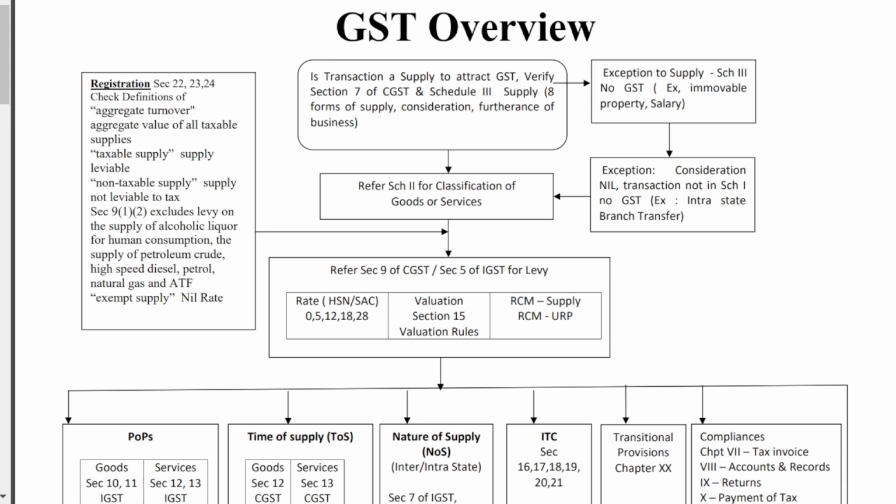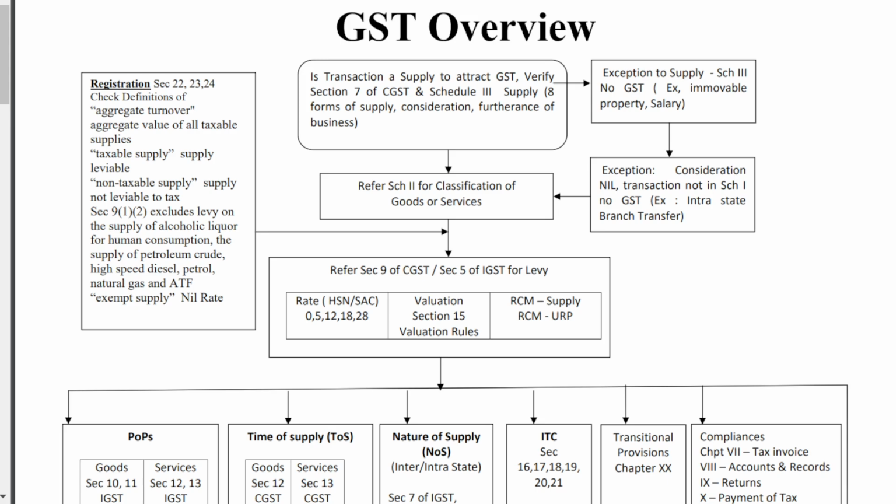So next we will understand valuation. The valuation is covered under section 15 and the valuation rules. We have to study in detail the valuation rules, which tell us when the transaction value is equal to the assessable value and so on. Next, we have to understand RCM.